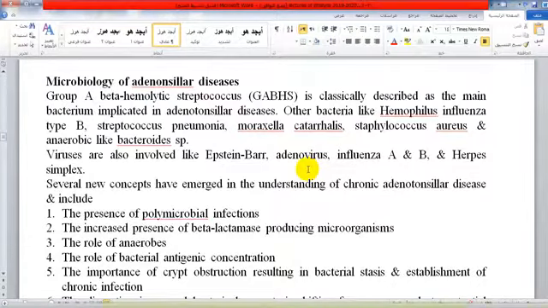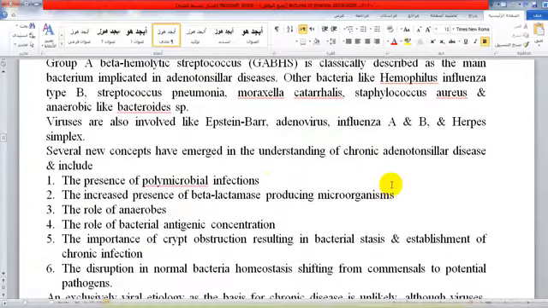Several new concepts have emerged in the understanding of chronic adenotonsillar disease, and these concepts are the following. First, the presence of polymicrobial infections.